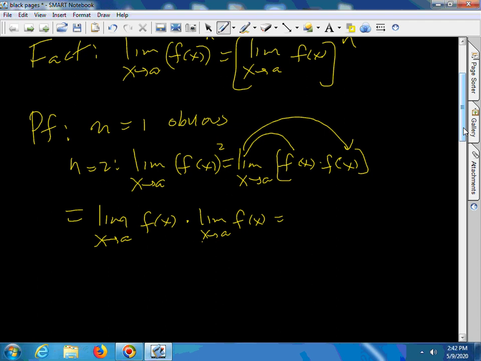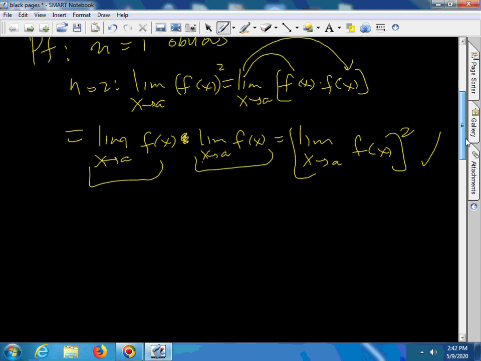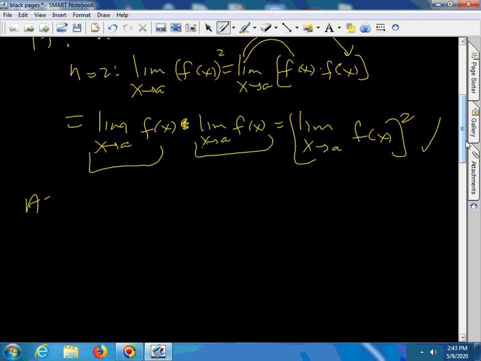It's not my fault that they're the same function. So you multiply, I don't care what it is, you multiply something by itself 2 times, you will get that answer to the second power. But that's just what you wanted to show. Okay, so now assume it's true for n equal k.